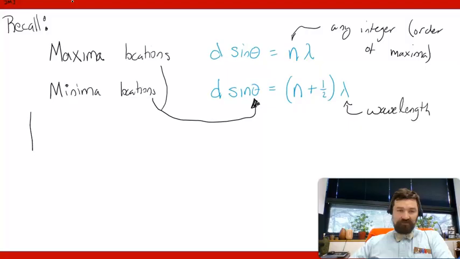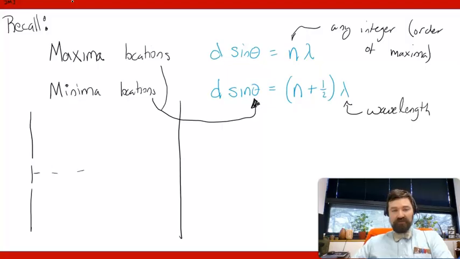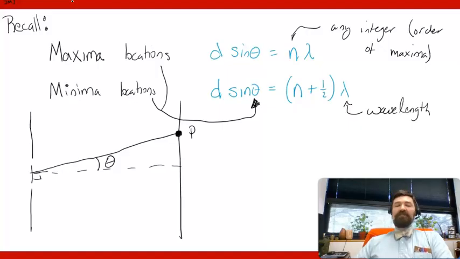So if I made a little diagram in which I have a couple of slits in a slit mask, and then somewhere else I have a screen, and I draw a line perpendicular to the slit mask, and then I want to find what is happening at some point P, then that point P is located at the angle theta, which subtends that normal line and the line that begins at the normal line and ends at P.